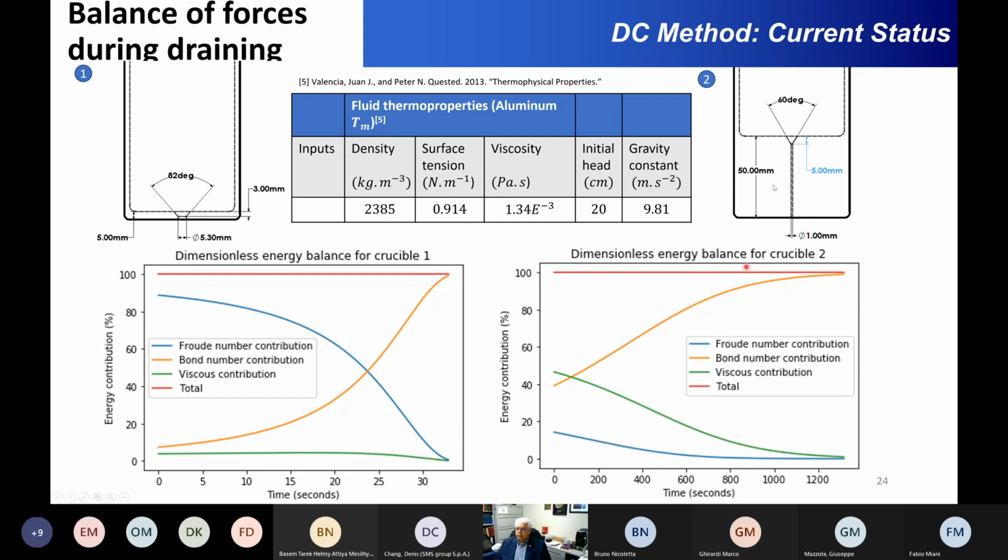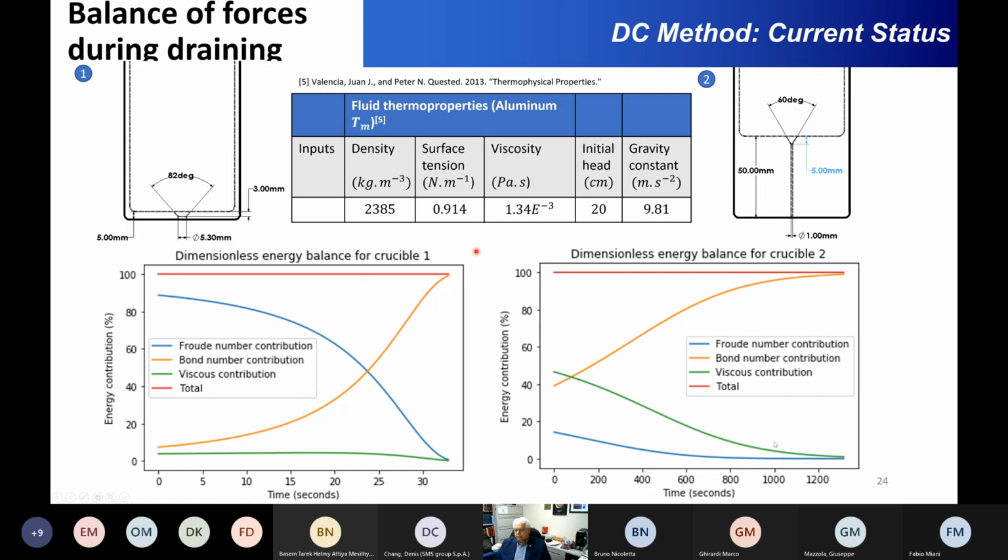On the other hand, with this other design here, you see the Froude number starts off much lower. The Bond number is higher than it was in crucible 1, starts off actually quite high, but ends up 40% of the energy still in the surface tension or the surface forces, the Bond number.